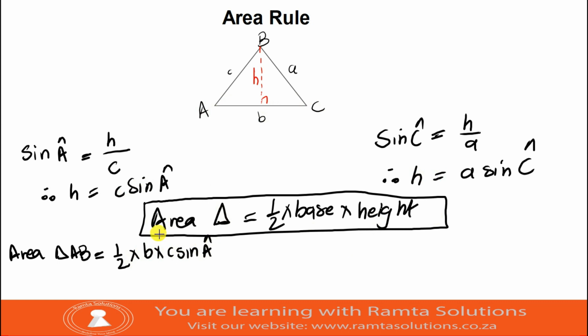In this case, we say the area of triangle ABC is equal to half.